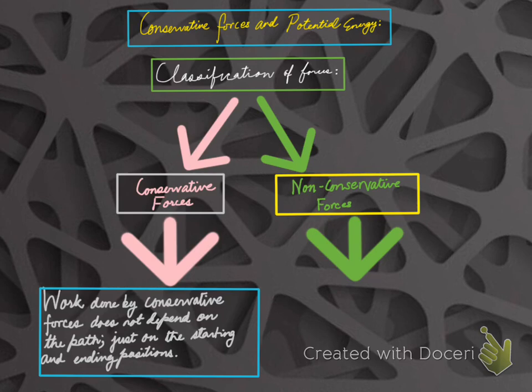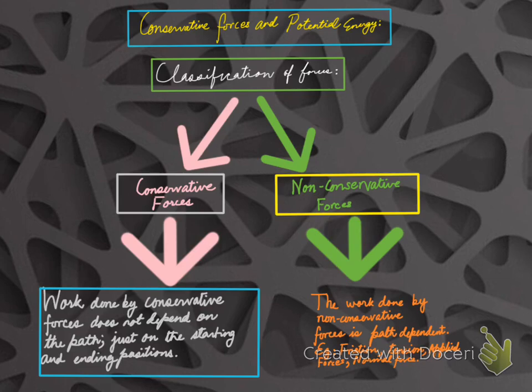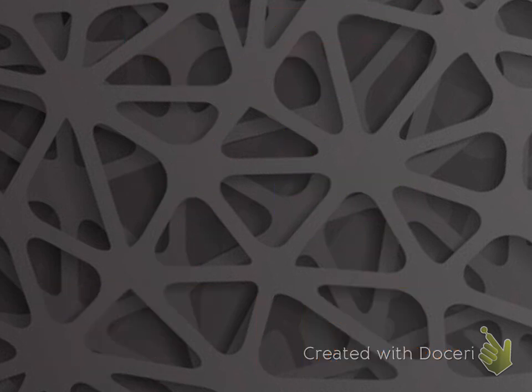Non-conservative forces, on the other hand, when they do work, the work done by the non-conservative forces is path-dependent. Examples of non-conservative forces are friction, tension, applied forces, and normal forces. When these forces do work, they do change the total energy of an object.